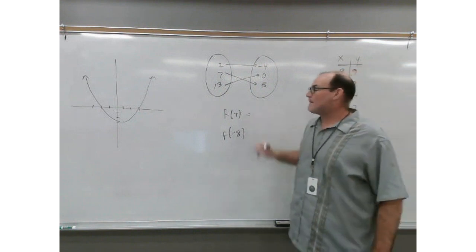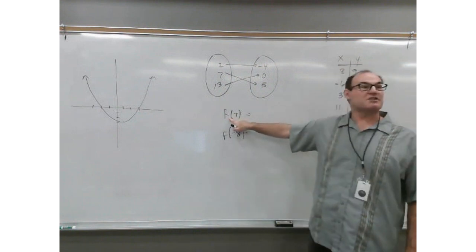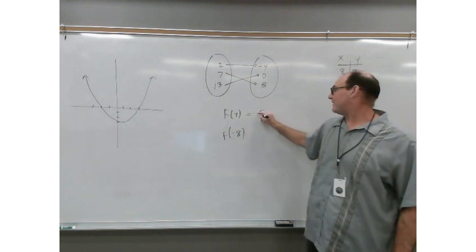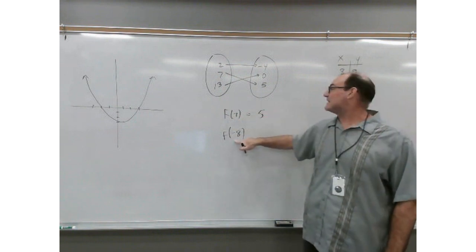All right, so according to this mapping, what's the function value that goes along with 7? Perfect. The function value that goes along with -8.